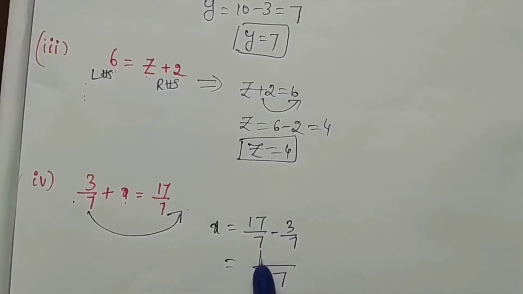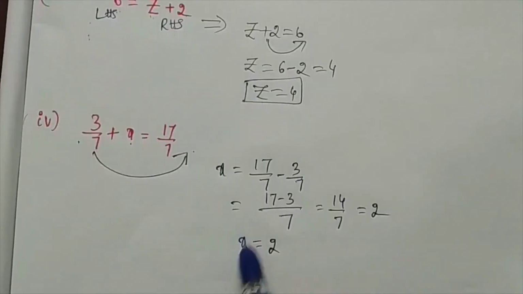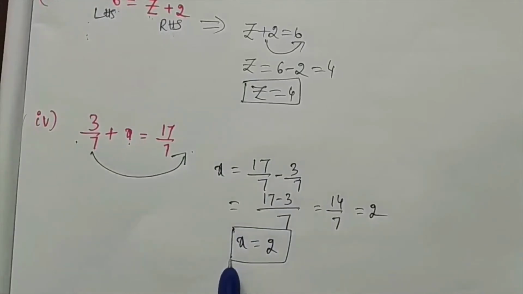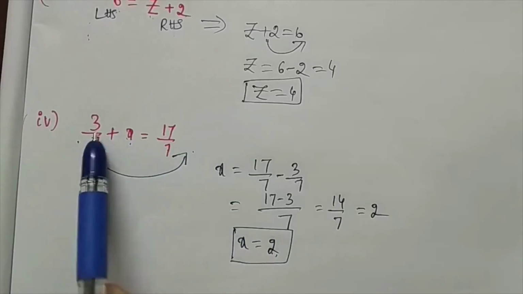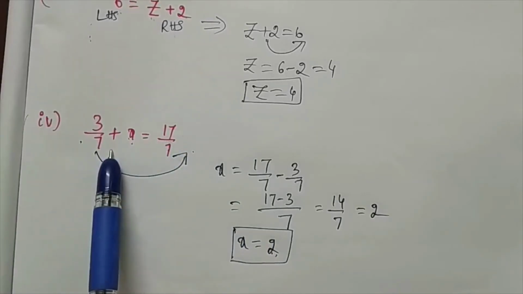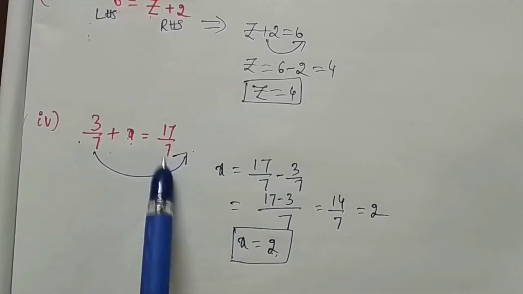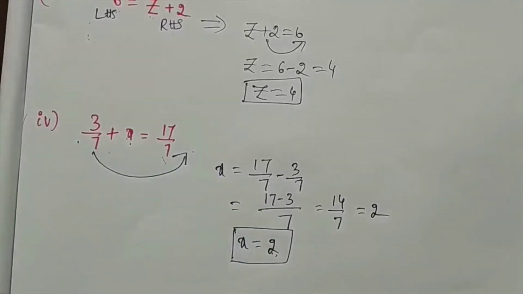LCM is 7. 17 minus 3 is equal to 14 by 7. That is equal to 2. So the value of x is 2. For every equation we can check: we can substitute the value of x in the given equation and check if the value of LHS and the value of RHS are equal or not.